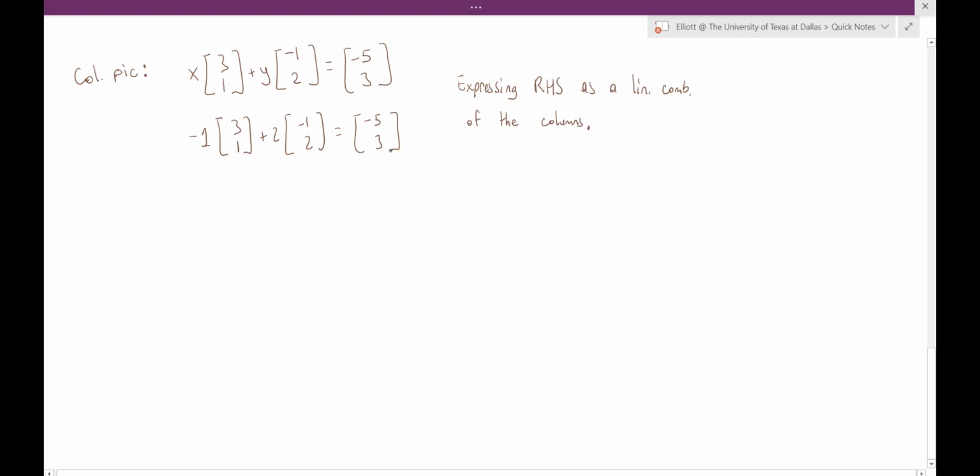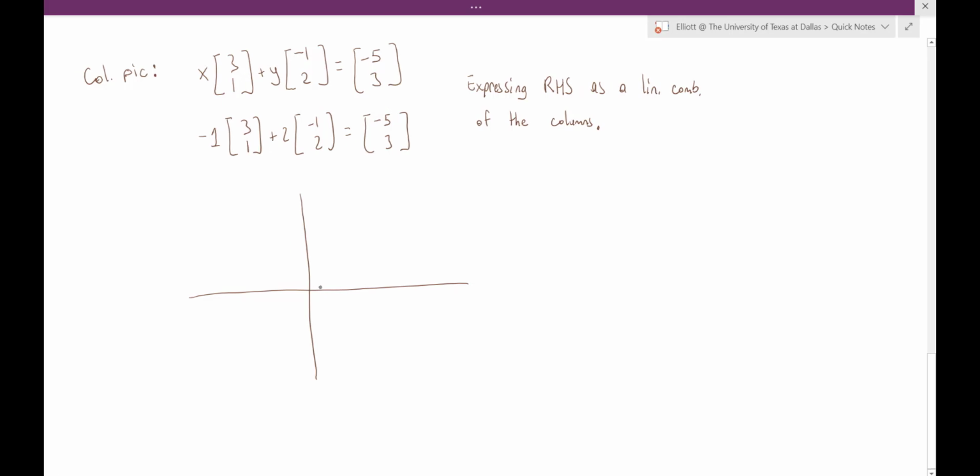And so the column picture is just a picture illustrating how this particular linear combination of the columns produces the right-hand side. So I'm going to first graph the vector 3, 1, and then also the vector negative 1, 2.